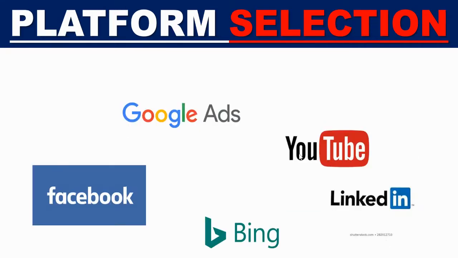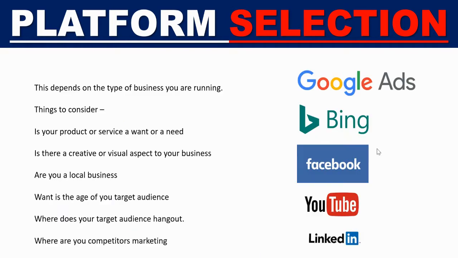Then it comes to platform selection. This is going to be figured out through your competitor analysis as well as through your customer journey, so this stage will be figured out before, but here are things to consider when choosing the platform, or platforms, that you're actually going to be marketing on and focusing on.